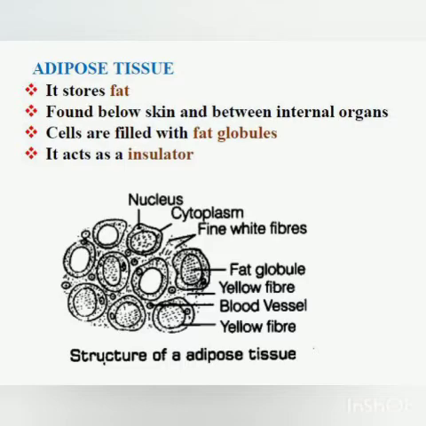And due to these proteins only, contraction and relaxation is brought about. Okay. So, muscles are of 3 types: the skeletal muscles, the smooth muscles, and the cardiac muscles. I hope it is clear to everyone.